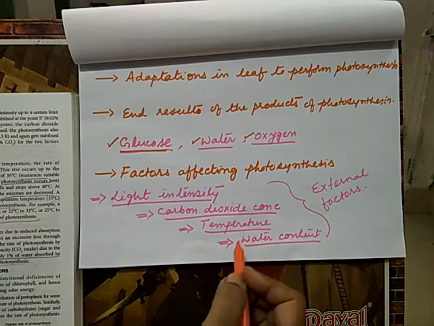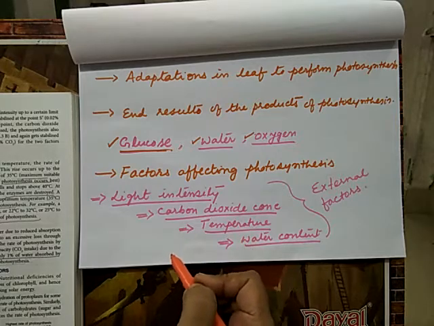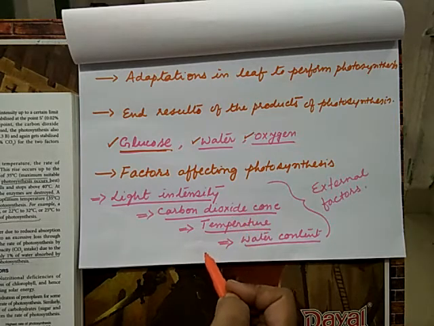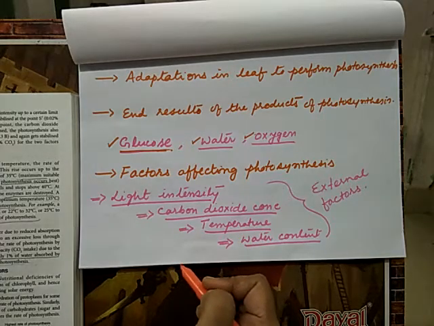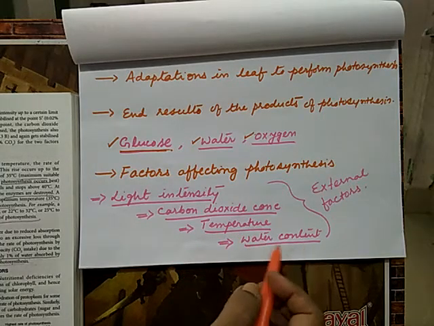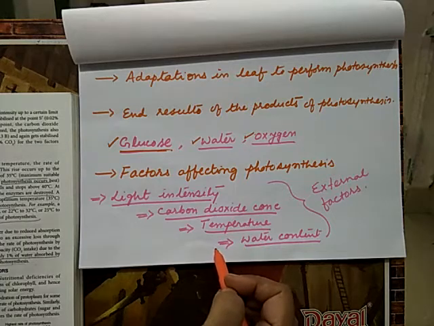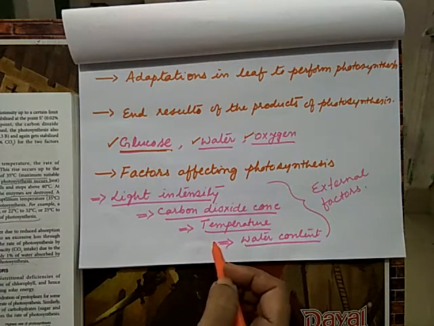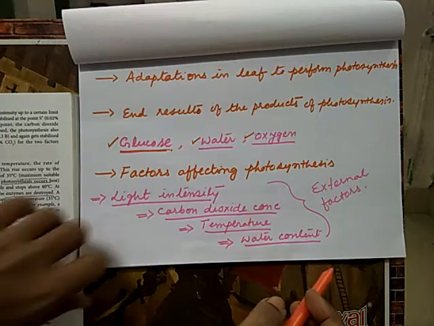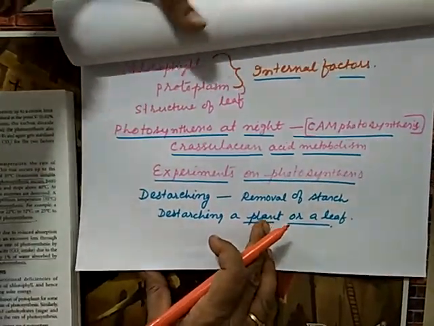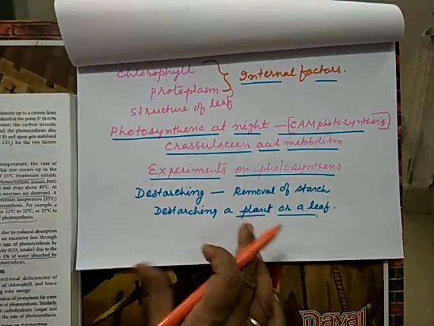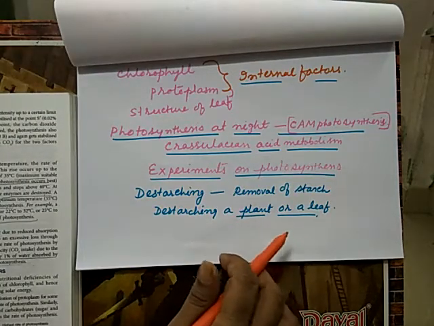Water content: scarcity of water, due to reduced absorption from the soil or excessive loss through transpiration, reduces the rate of photosynthesis by decreasing the diffusive capacity of carbon dioxide. Internal factors are chlorophyll, protoplasm, and the structure of the leaf.